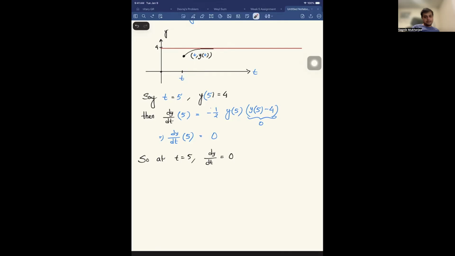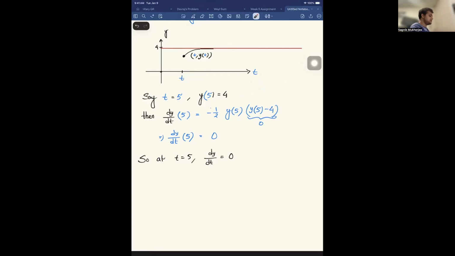But at the same time, this function is so-called differentiable. For a differentiable function, it cannot happen that it suddenly becomes 4 and then becomes constant. Then this would be a point of non-differentiability.